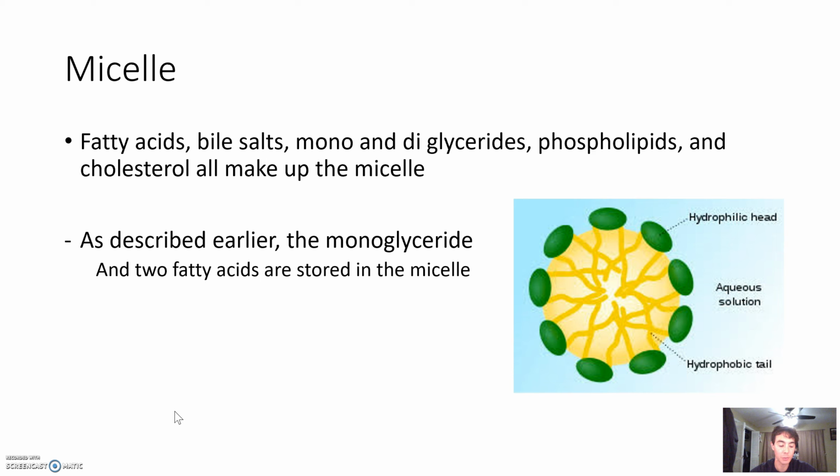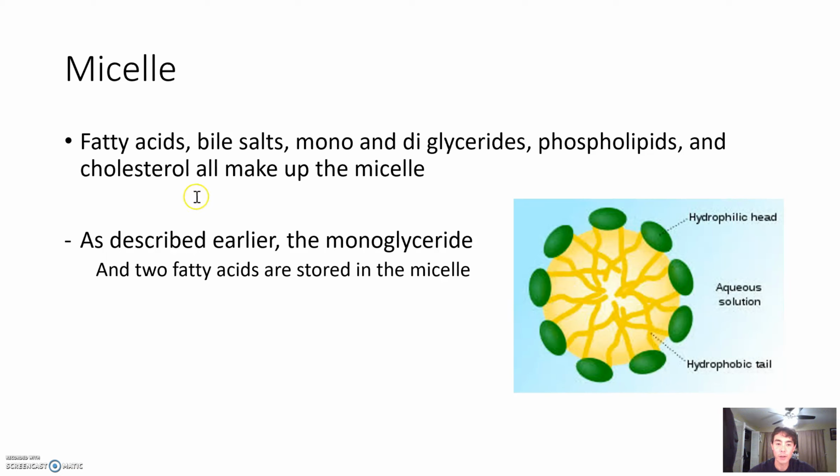A micelle is a small, round, circular disc that houses the products of fat digestion. They consist of a hydrophobic tail region that interfaces with a monoglyceride and two fatty acids, and a hydrophilic head that interfaces with water. The micelle will then proceed towards the cells of the small intestine.